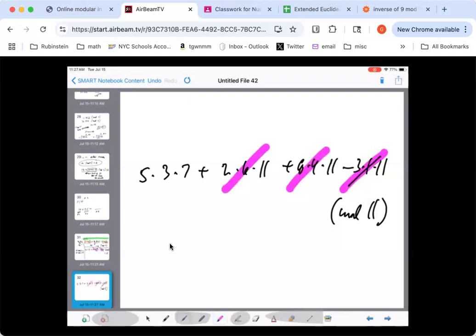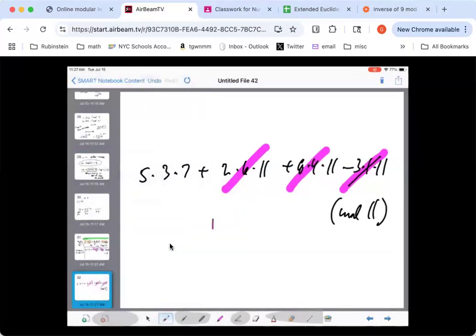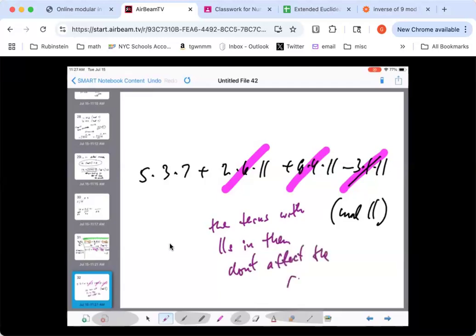So the terms with 11s in them don't affect the remainder. That is the insight that's going to be important.